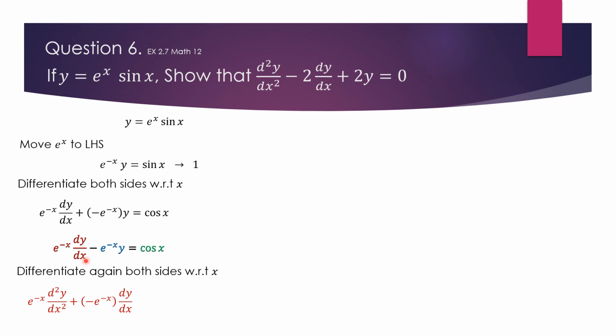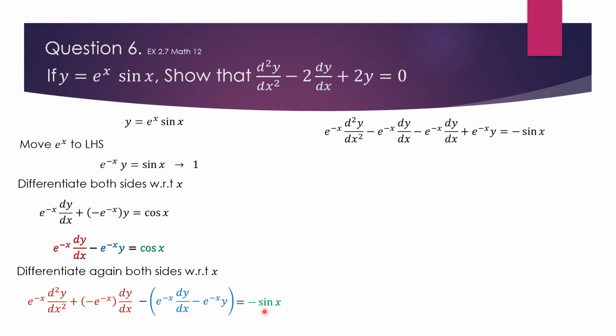So we write the whole thing: e power minus x dy by dx minus e power minus x y. This is our differentiation of e power minus x y, and then the right hand side is minus sin x, because now it is cos x. The differentiation of cos x is minus sin x.